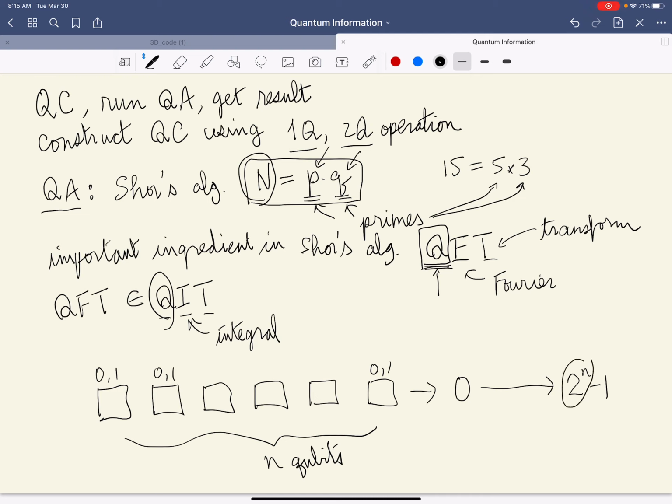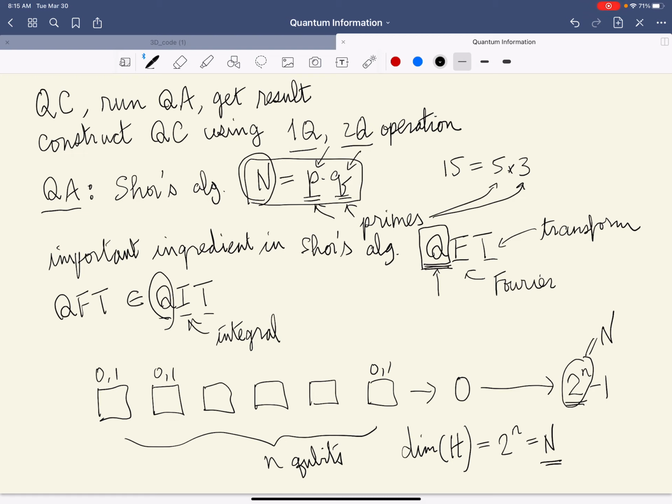I'm going to use a capital N to denote this number 2^n, because it will show up frequently in our subsequent discussion. What this says is the obvious statement that the dimension of the Hilbert space afforded by the n qubit cluster is exactly 2^n, or simply capital N.